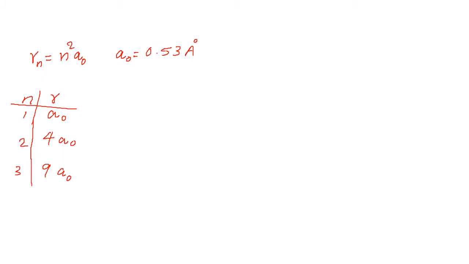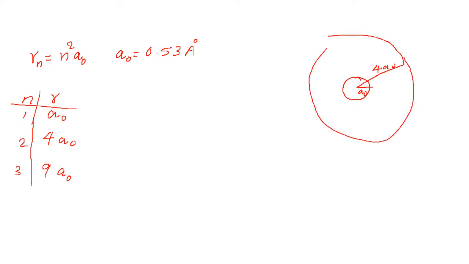So that means if this is the first orbit having radius a0, this is for n equal to 1. For n equal to 2, its radius must be 4 times a0. Correct? This is 4a0. Then this must be the n equal to 2 orbit. And for n equal to 3 orbit, you must have even greater radius, that is some 9a0. So it must be more than this. Okay.